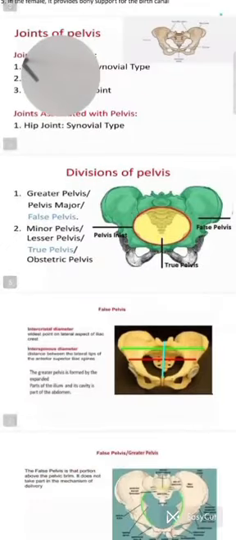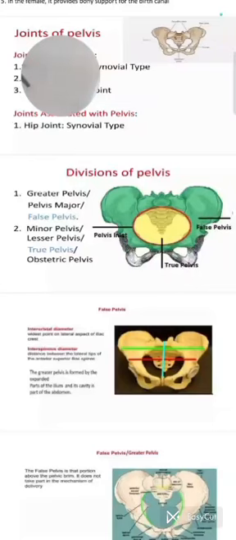The next is divisions of the pelvis. The divisions of the pelvis include the greater pelvis and the lesser pelvis, according to the diameter. According to the functions, they are also given other names. The greater pelvis is also termed the false pelvis, and the lesser pelvis is also known as the true pelvis.